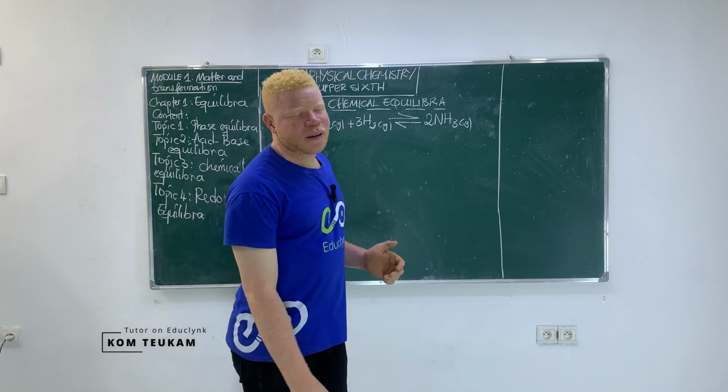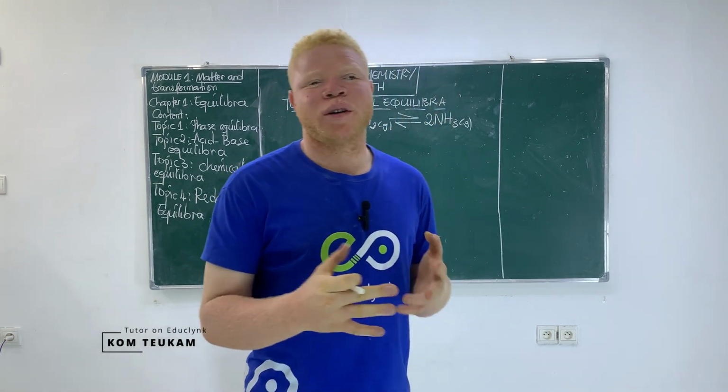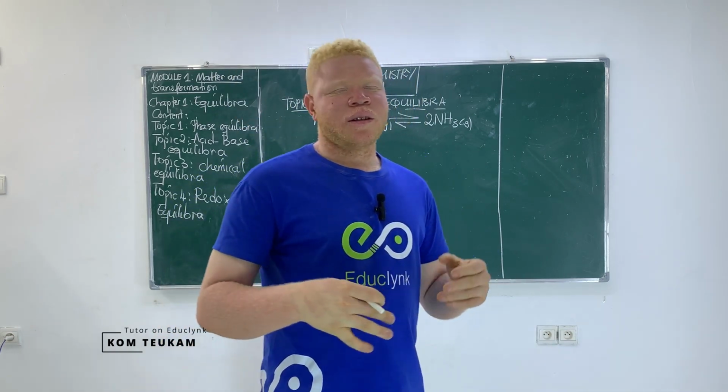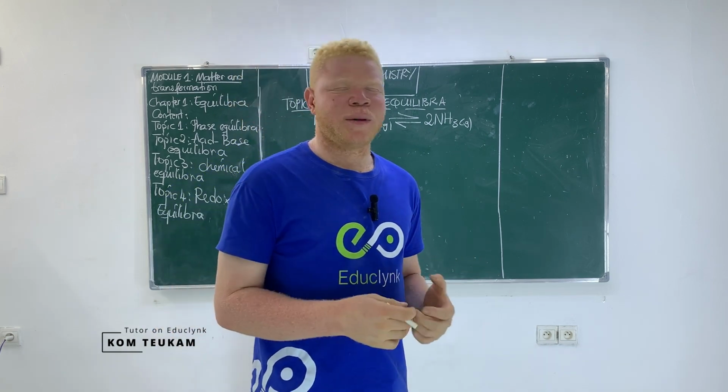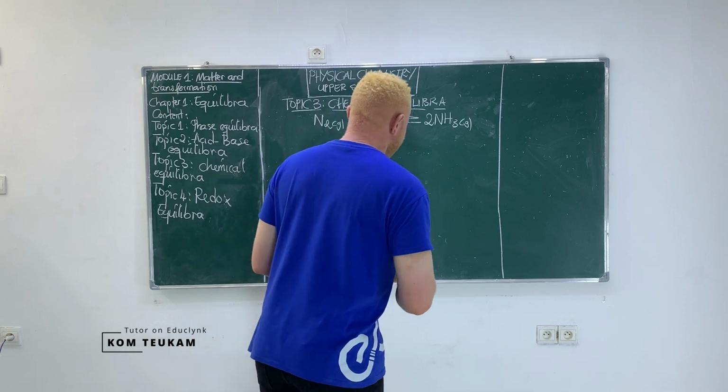This reaction has attained equilibrium. For a reaction to attain equilibrium, the rate of the forward reaction is equal to the rate of the backward reaction. This reaction represents the synthesis of ammonia by the Haber process. So ammonia is synthesized industrially by the Haber process.